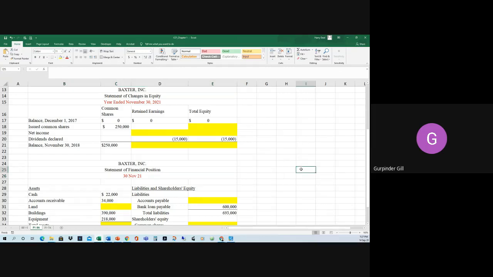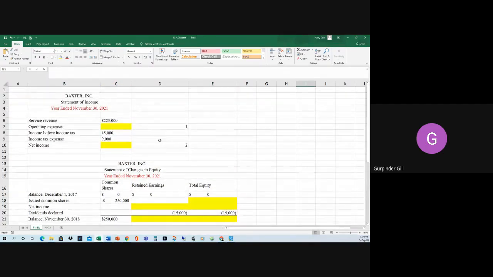Oh, well. Okay. When it comes to your income statement and statement of changes in equity, these always reflect the information for a period of time. When you're saying year ended, that means the numbers on the financial statements are for a 12-month period, and that 12-month period ended on November 30th, 2021, which means that's their year end.